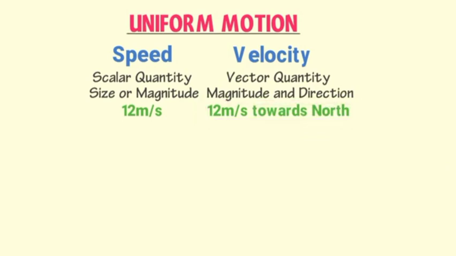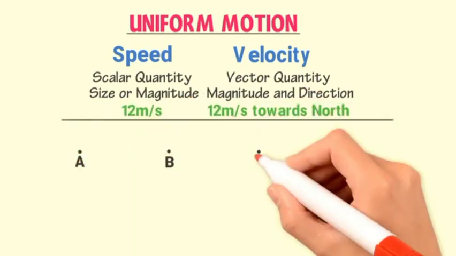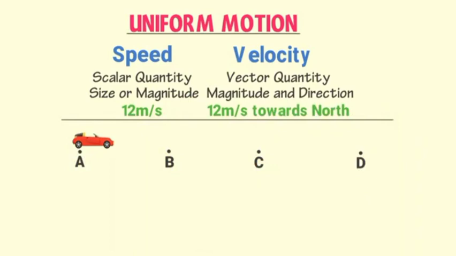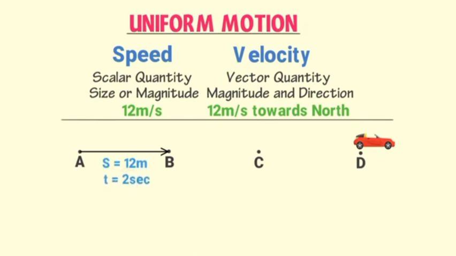Now, to simplify this concept further, let's consider 4 points A, B, C and D. Let a car move from point A to point B. Then this car moves from point B to point C. At last, the car moves from point C to point D. Let from point A to point B, the car cover displacement s equal to 12 meters in time t equal to 2 seconds.